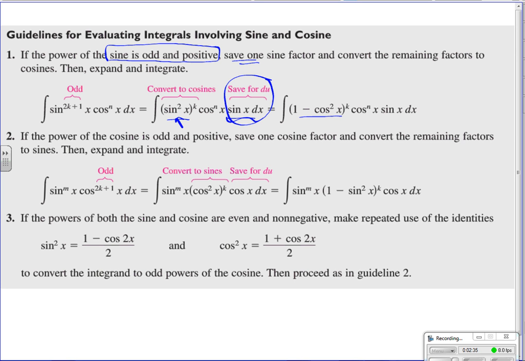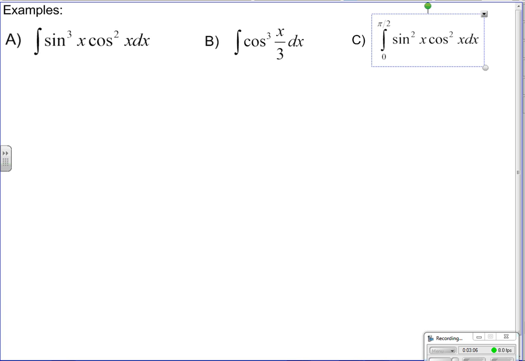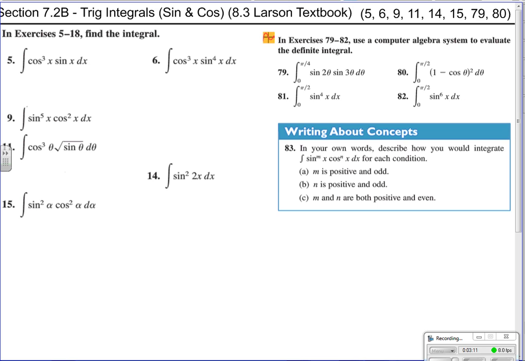If I have a cosine that is odd, then I can save one of the cosine factors, factoring it away so that I'm splitting up my cosines into an even number and an odd number for the powers, and saving that back for the du. If both sine and cosine are even, we will make repeated use of the identities, especially these ones. Those end up, I think, being the harder ones. So let's go through these different examples, and then that will be the homework for the night.